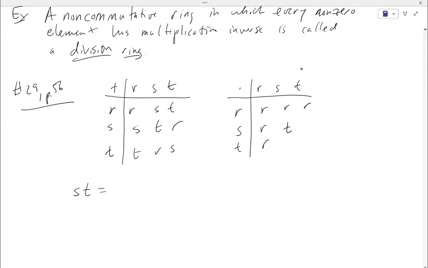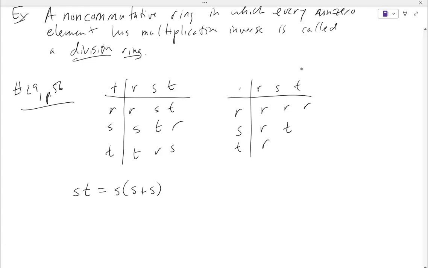Can you rewrite T as the sum of two elements where we're not using T as one of the two elements? No. S and S works, right? S and S gives you T, right? So replace your T with S plus S.